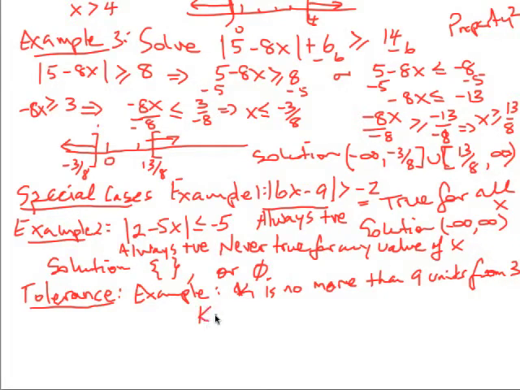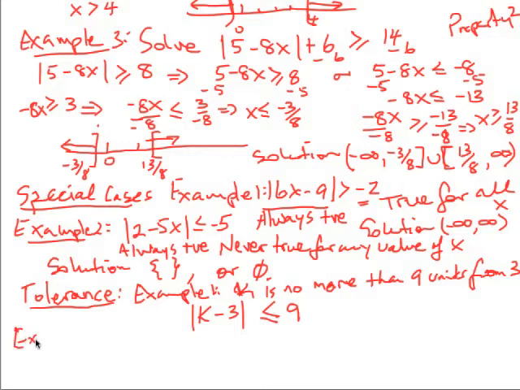So let's look at K, the difference between K and 3, and the size of that is no more than 9. So it must be less than or equal to 9, because that would mean it's no more than 9. And this would be a way that we'd write this particular statement in terms of an absolute value. So let's do that as example 1.